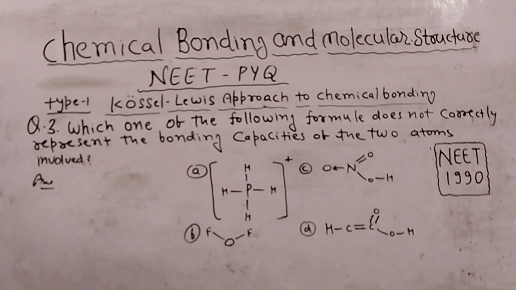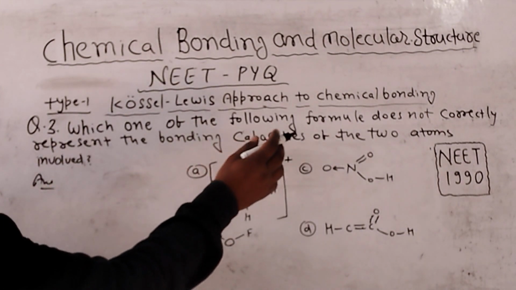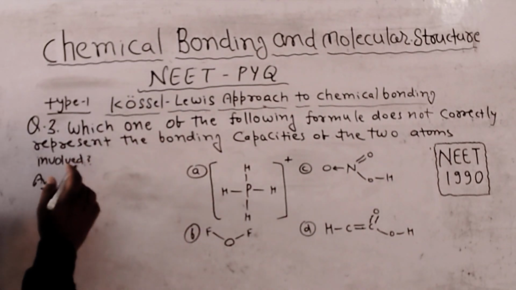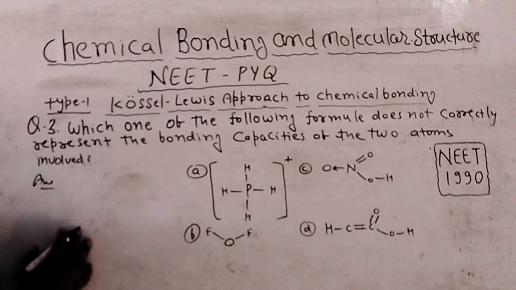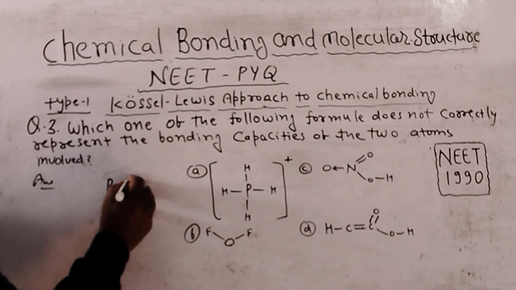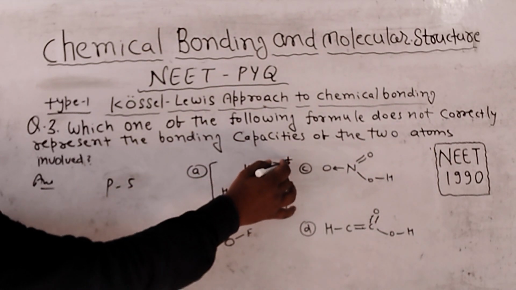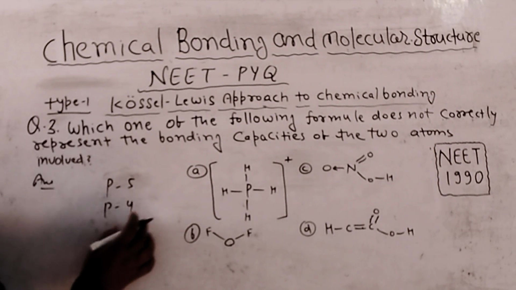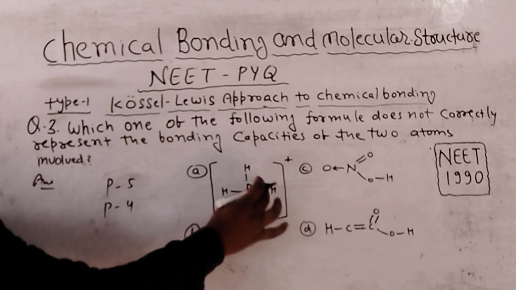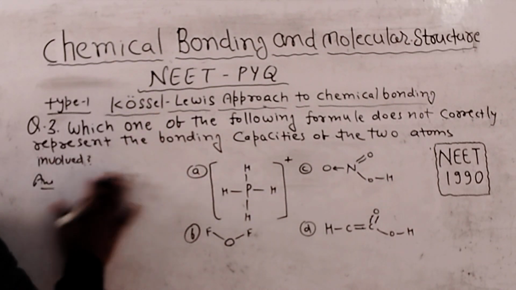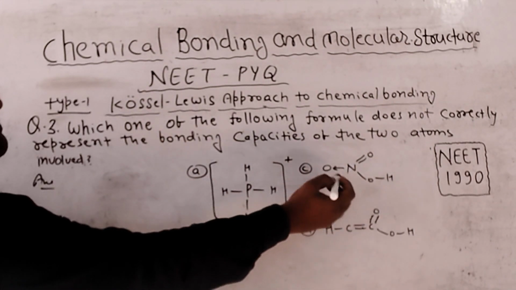According to this question, which one of the following formulas does not correctly represent the bonding capacity of the two atoms involved? Here in option A, phosphorus valence electrons are 5, but due to the presence of one positive charge the valence electrons become 4. So phosphorus is tetravalent and completes its octet. This is correct. This is also correct.